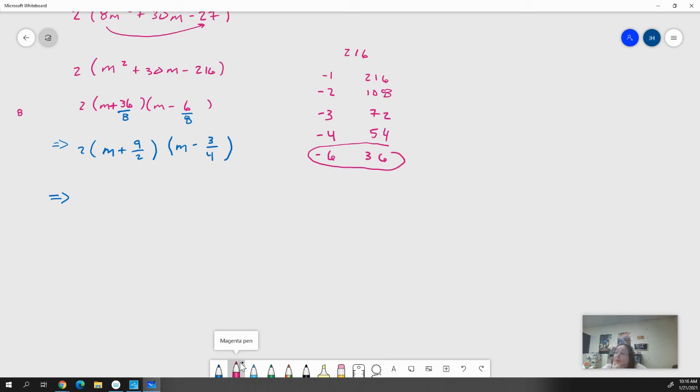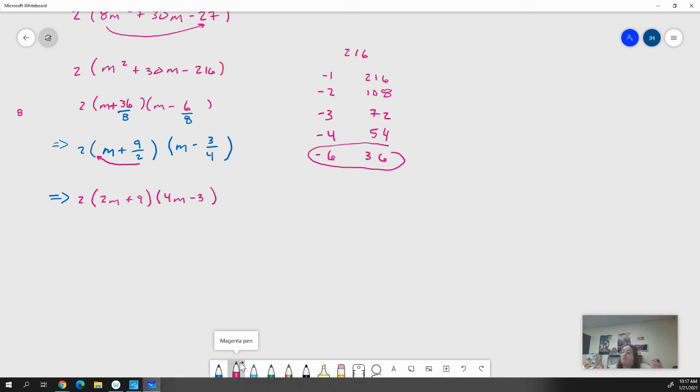Yeah, we're going to move it out to the front. Alfonso got that. So we've got 2, that's going to stay the same. We're going to take this 2 and put it in front of the m: 2m plus 9. This one, we're going to take this 4 and put it in front of this m. And we'll have 4m minus 3. And that's our final answer, right?